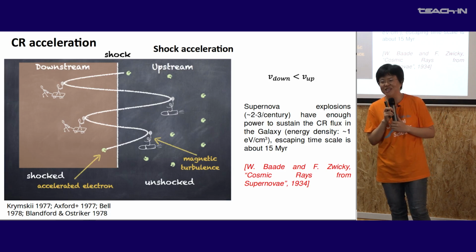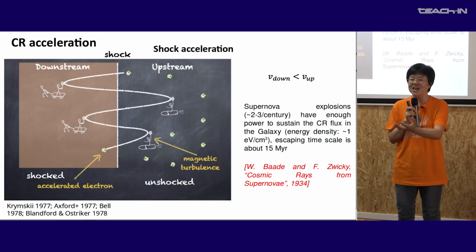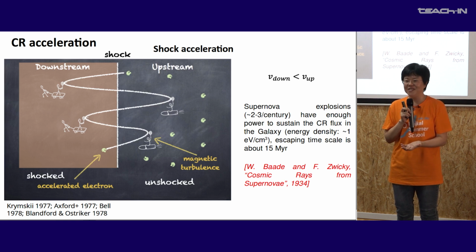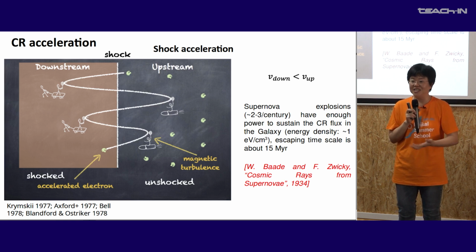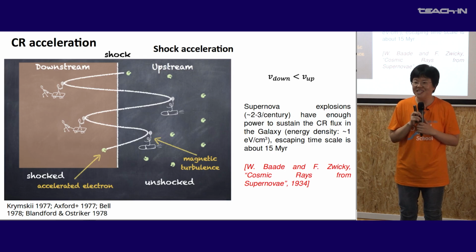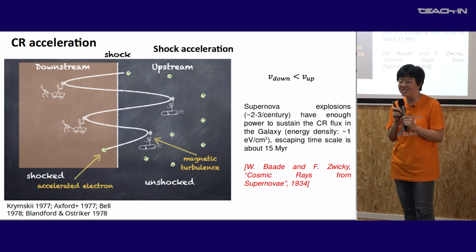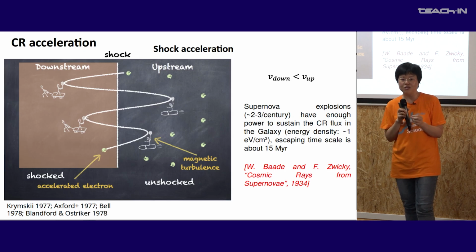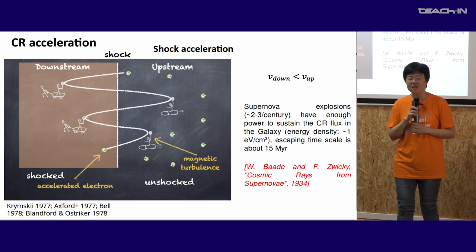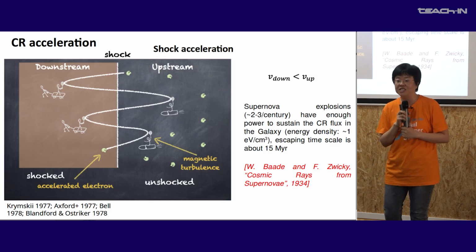Don't make it too complicated. Just, okay, in our galaxy we have the gas, we have the dust, and we have all these kinds of magnetic fields. And then you do the calculation. For example, for the supernova explosion, the energy of cosmic rays can get up to 10 to the 15, let's say PeV energy.